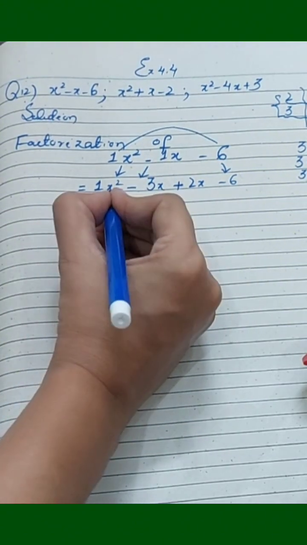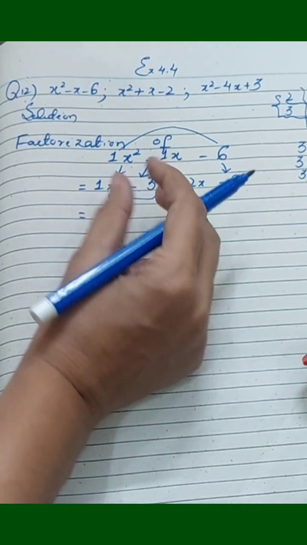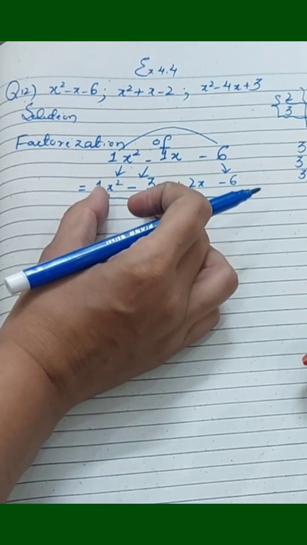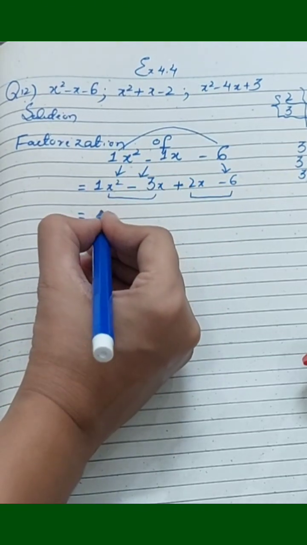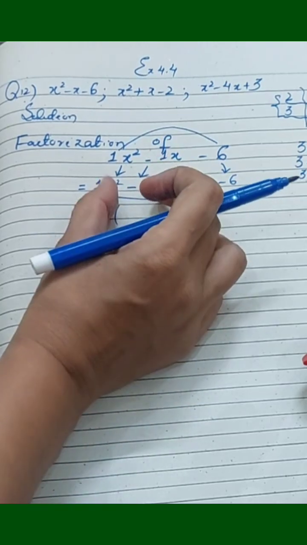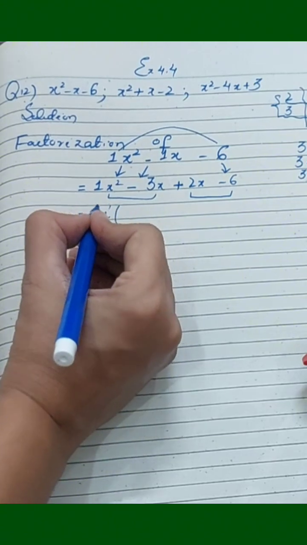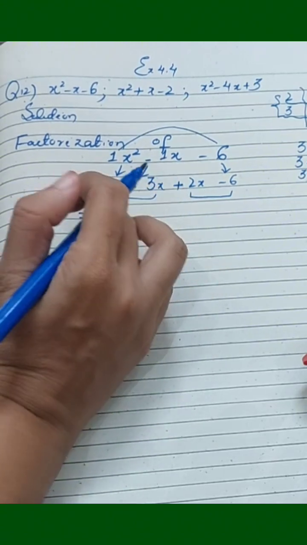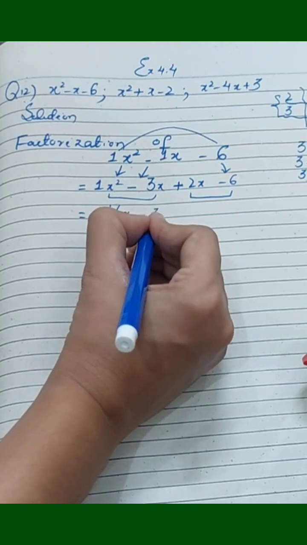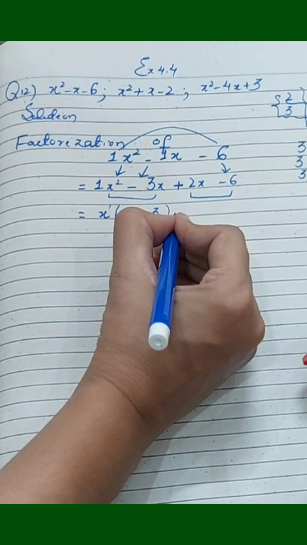In next step, you can take a pair. It will be x square minus 3x and 2x minus 6. You can take common from this expression. When you take common, it will be x. You always take common the smallest power of variable. So you take common x, and the term in the bracket is x minus 3, because x multiplied by x is equal to x square minus 3x.